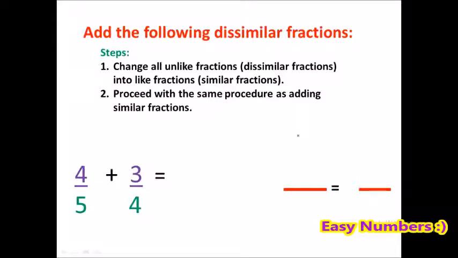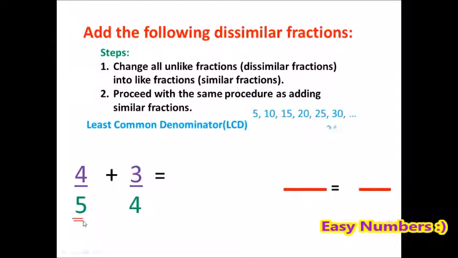Another example is 4/5 plus 3/4. Let us again get the LCD, or the least common denominator. So we have 5, 10, 15, 20, 25, 30 for 5, and then 4, 8, 12, 16, 20, 24, and so on for 4.